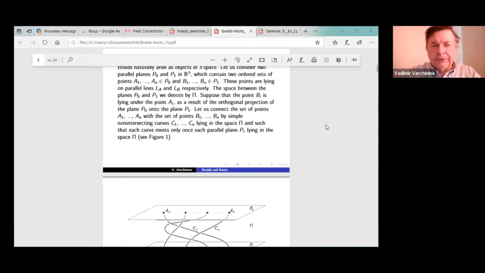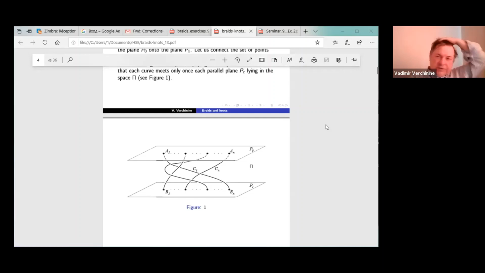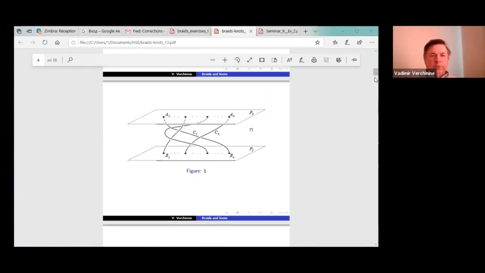We start with braids now. Braids are more regular objects than knots, but they are used to study knots, for example, but they are interesting by themselves. So what do we do?